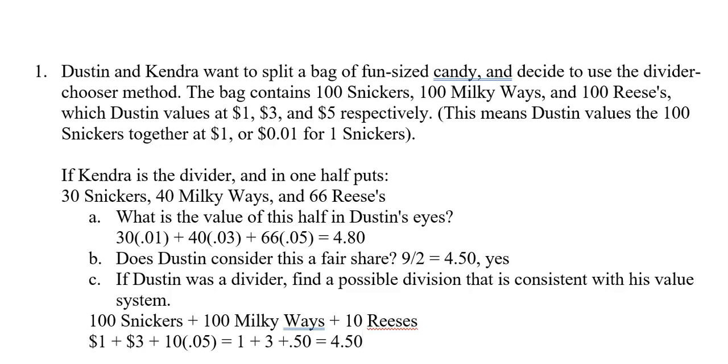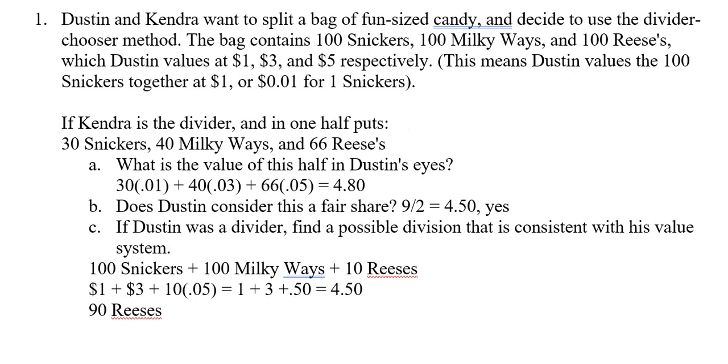The other half, of course, would be the other 90 Reese's. And if we were to add that up, we would have 90 Reese's times 0.05, which gives us $4.50. So even if she takes all the 90 Reese's, he'd be left with what he considers his fair share. That's how he's going to divide things up. Now, there may be more than one division that will give us $4.50 and $4.50, so this isn't necessarily the only possibility.